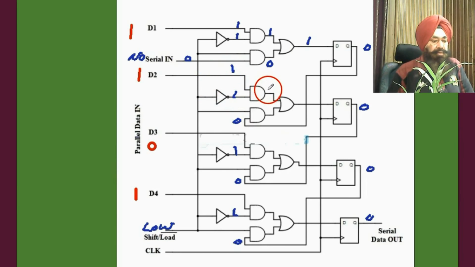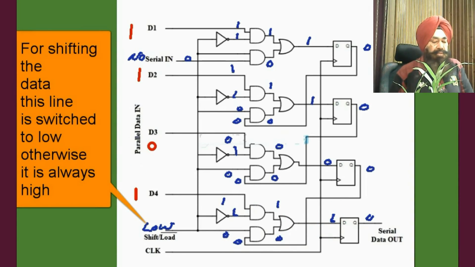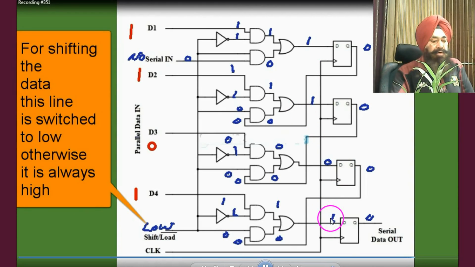This is 1 and the data is 1, so 1, 1 AND is 1. Then D3 data is 0, and 0, 1 is 0, and this line is also 0, so 0, 0 is 0. Then 1, 1 means 1, and 0, 0 means 0, and 1, 0 is 1. So all the data 1, 1, 0, 1 arrives here.